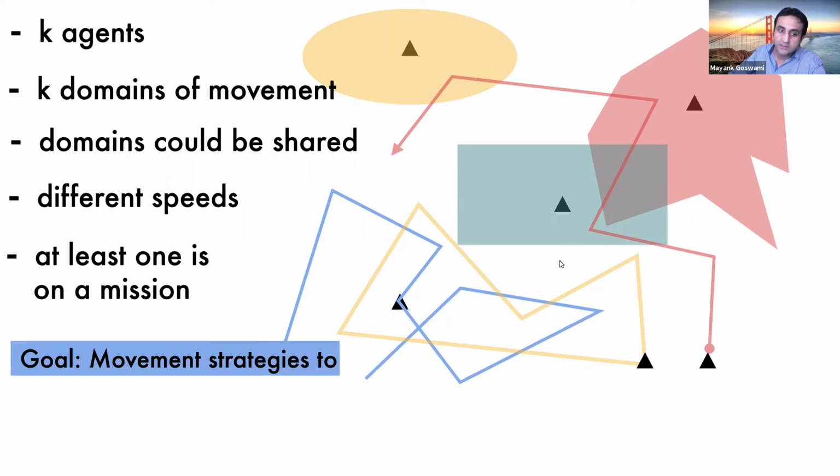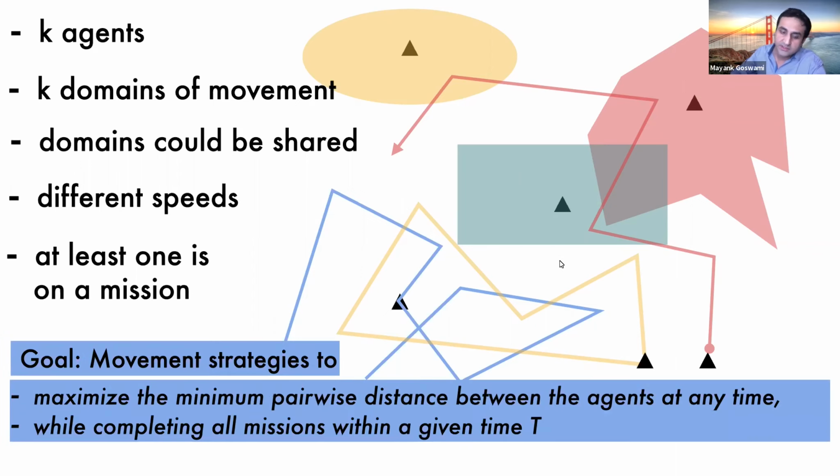So our goal is to find the movement strategies so that we maximize the closest that any two agents come at any point of time. Some agents are on a mission, some agents are just trying to stay away, and we want to devise strategies so as to maximize the minimum pairwise distance between the agents at any time.